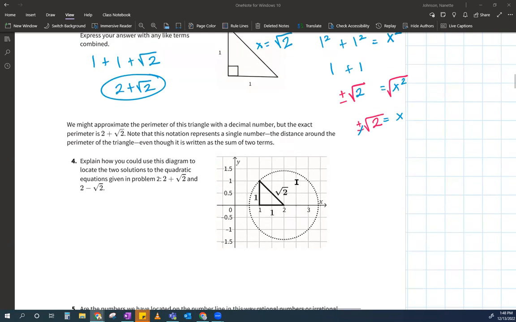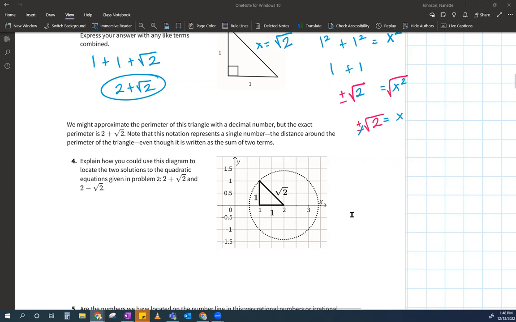So the important thing that you need to understand about a circle is that it has a radius and a center. So it looks like the center is at (2, 0), and then it has a radius of root 2, right? So if this is 2, they're asking us to find 2 plus root 2.